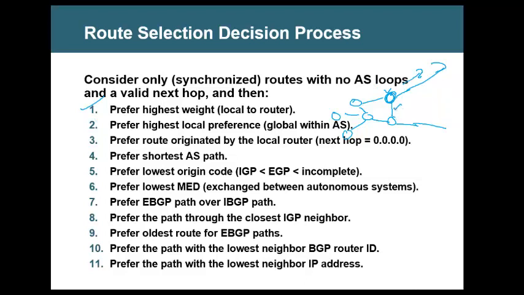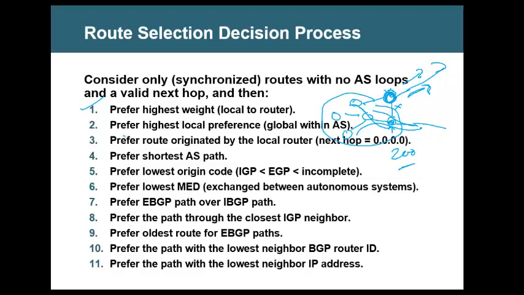Now if you set local preference in this router saying 200, all the routers will go via it, but this router will still go via this way because the weight is set in this direction. All other routers will go via 200, whereas this router will not consider local preference, because before local preference comes what?